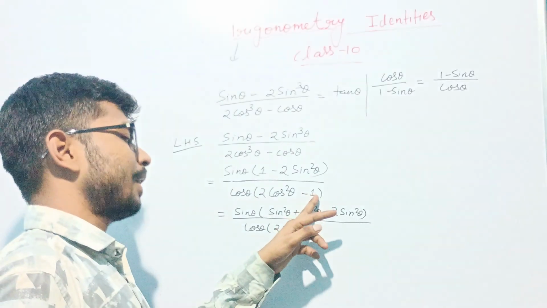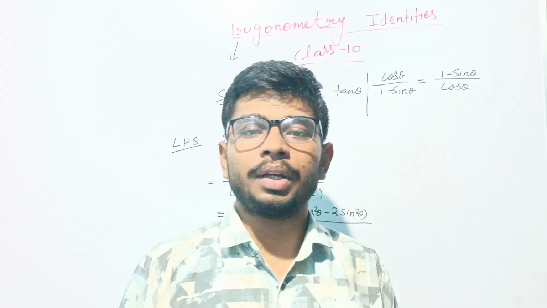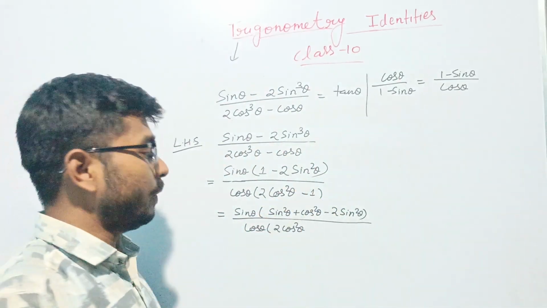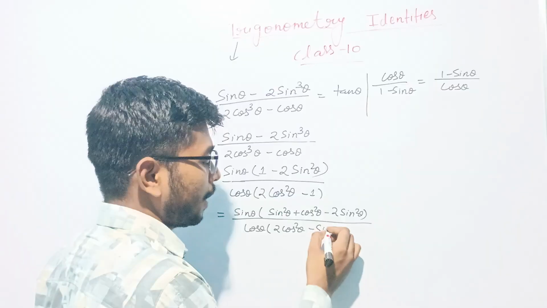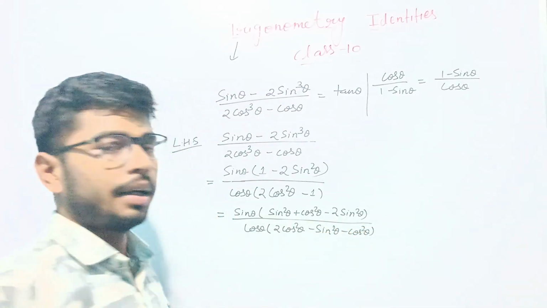Here also, for 1 we can write sin squared theta plus cos squared theta, but minus is multiplied, there is minus 1, so we will write minus sin squared theta minus cos squared theta. Okay, any doubt?